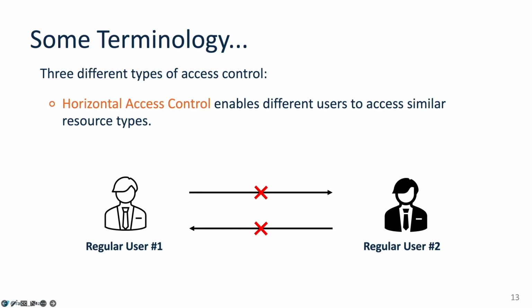And that's what horizontal access control rules do. They prevent users of the same privilege from accessing each other's resources. Since you're not climbing up the ladder in terms of privilege just like you would with vertical access control, but instead you're performing functionalities that you already have the ability to perform, but on other users' data, it's referred to as horizontal access control.